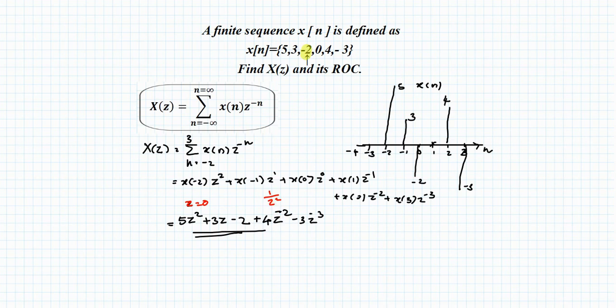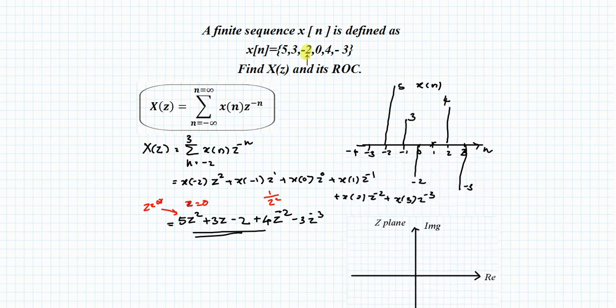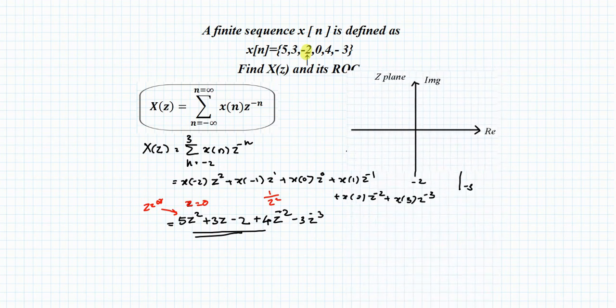Similarly, if z equals infinity, the positive terms z squared and z become infinity. So the ROC of this question is the entire z plane except at z equal to 0 and infinity.